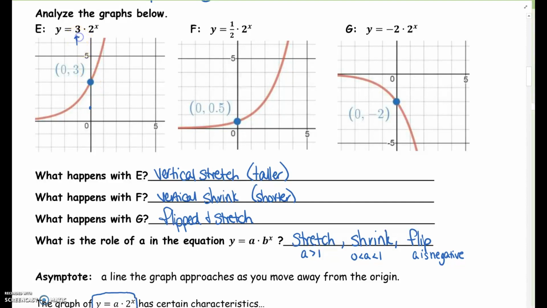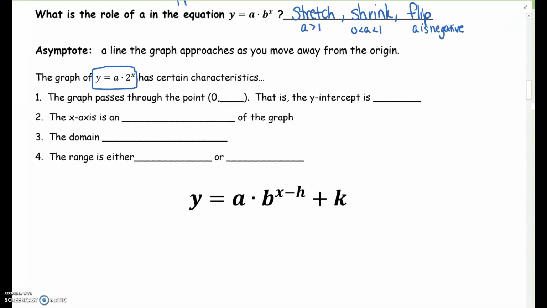We multiplied by 3. In F, the y-intercept is 1/2. We multiplied by 1/2. In G, the y-intercept is -2. We multiplied by -2. So whatever that A is, that is going to be the y-intercept. The y-intercept is going to be A.